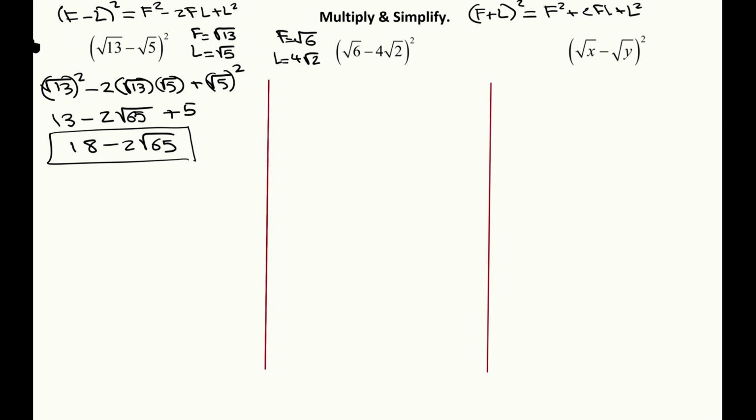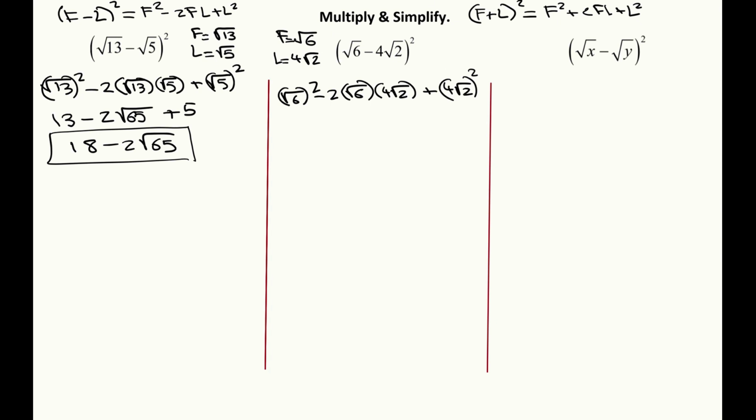So we get f squared, which is square root of 6 squared, minus 2 times f, which is square root of 6, times l, which is 4 radical 2, plus l squared, so that's going to be 4 radical 2 squared. Make sure that you use parentheses around that because both those factors need to be squared.